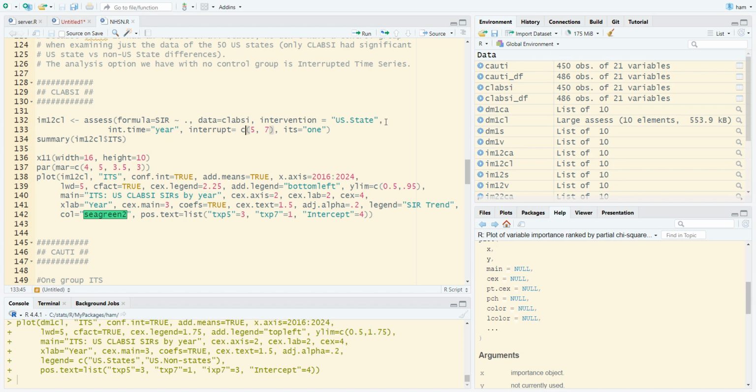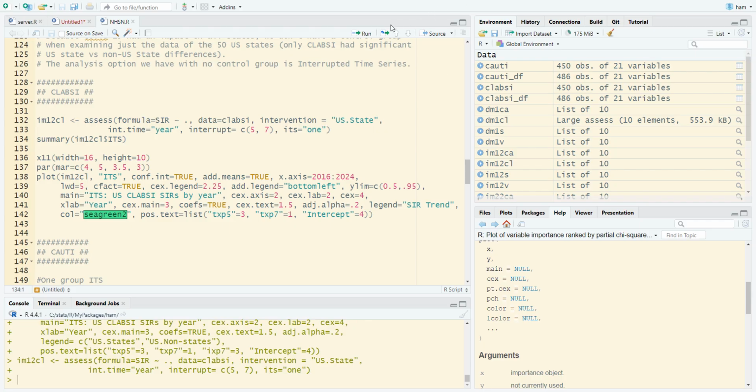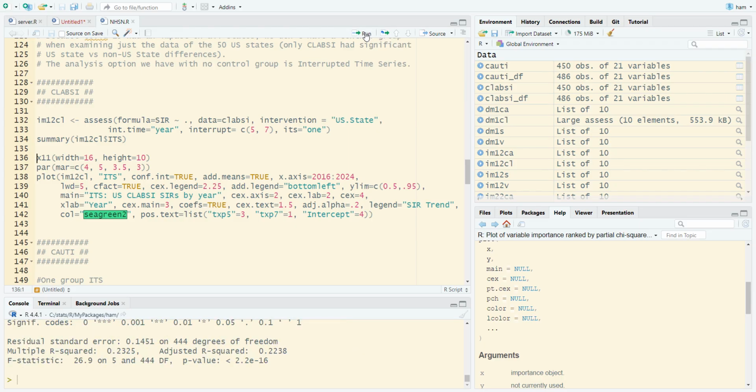We're going to have interruptions at the years 2020 and 2022, and these are the 5th and 7th year of this data. For the ITS argument, I selected 1 because we only have one group. So I'll run that. Click the run icon at the top as an alternative, and I'll get a summary.